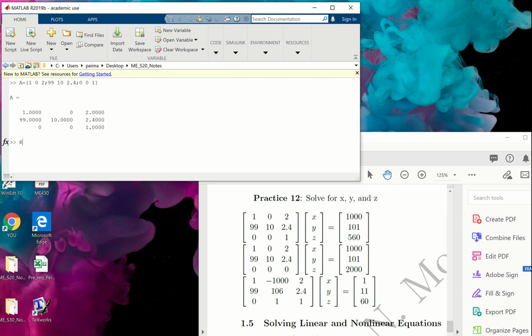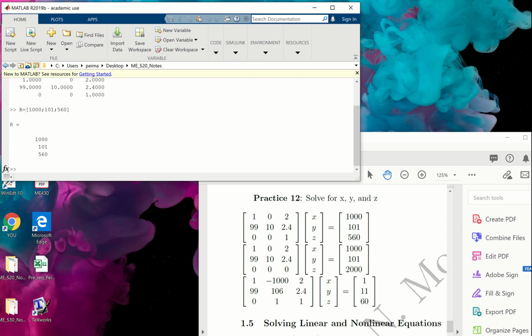And now R or B or whatever you want. I'm saying R because this is the right hand side, the column of 1000, 101, and 560. Okay, here we go.